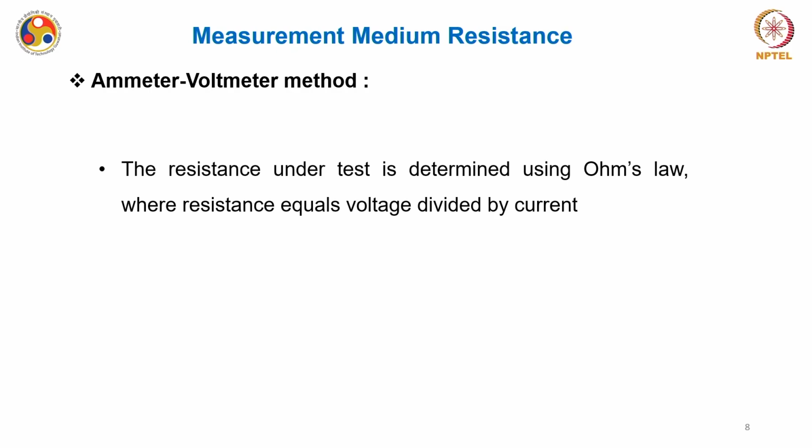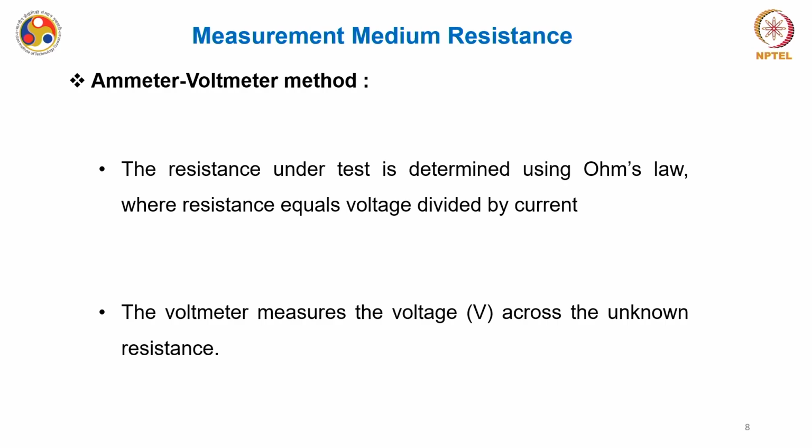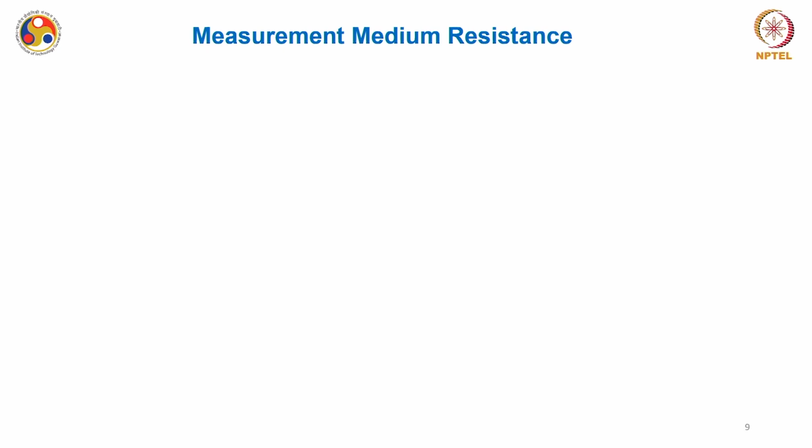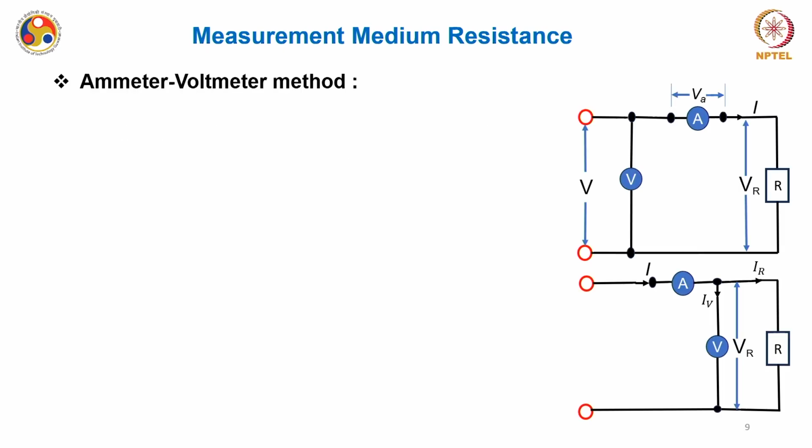The resistance under test is determined using Ohm's law, where resistance is equal to the voltage divided by the current. The voltmeter measures the voltage across the unknown resistance, and the ammeter measures the current flowing through it.